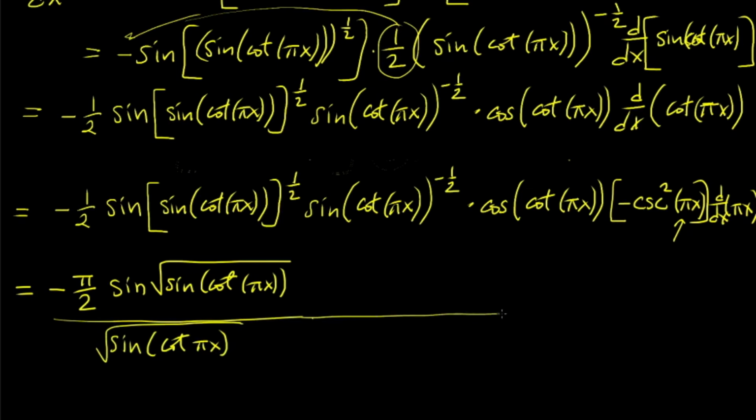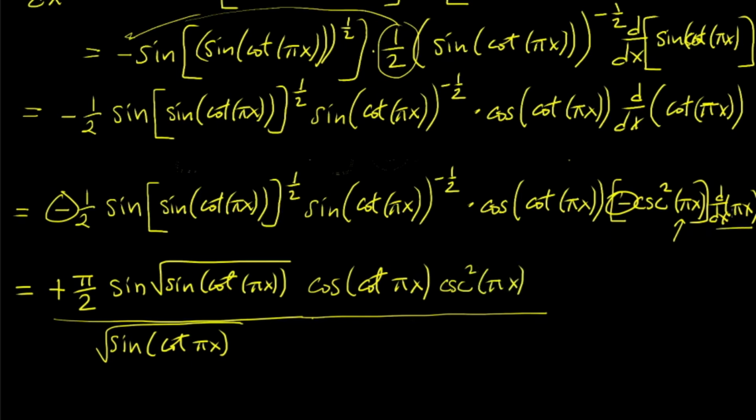And back in the numerator, we have cosine of cotangent of pi x times a negative. So we have two negatives here, and a negative times a negative is positive. So then we have cosecant squared of pi x, and the derivative of pi x was just pi, which I brought in front.